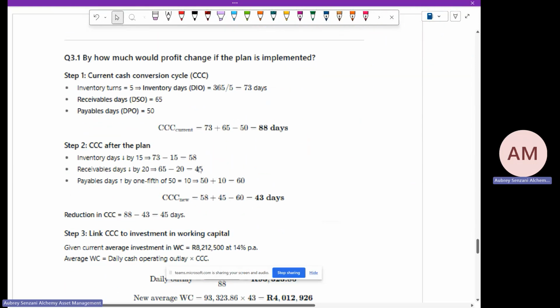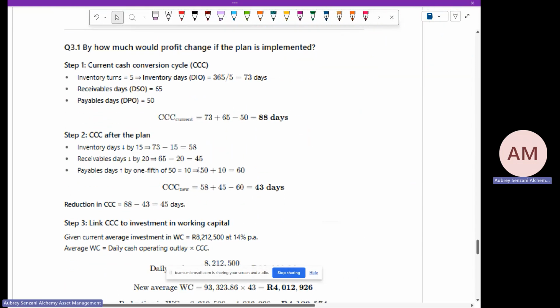So again, and forgive me here, we used terms that are not necessarily in alignment with your textbook, but look, we've got the inventory turns, which will give us the inventory days. In other words, how many days on average it takes us to turn over our inventory, 73 days.